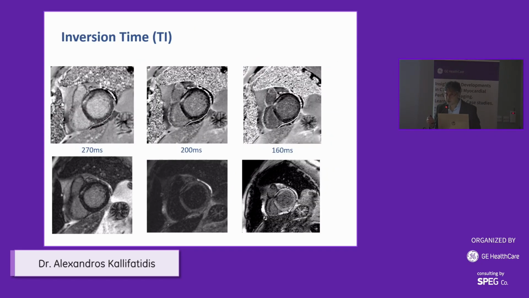I said before that for stress CMR it is important to combine it with late enhancement, and also here it is important to choose the right inversion time. Here you see different examples with different inversion times, and you can see how we can improve the image quality with the right inversion time, and how the image quality decreases with the wrong inversion time.